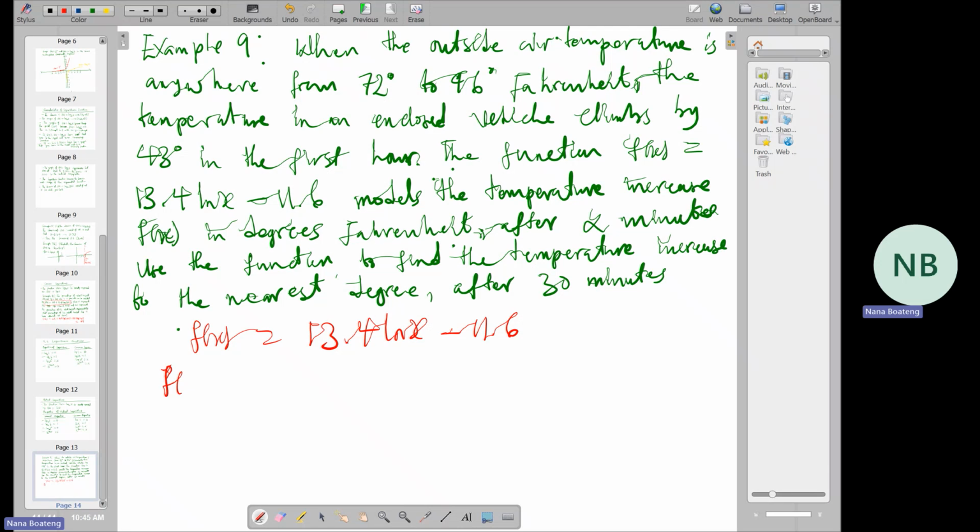That would be equal to 13.4 natural log of 30 minus 11.6. If we evaluate this on our calculator, we will get approximately 34 degrees. So the temperature increase will be about 34 degrees Fahrenheit after 30 minutes.